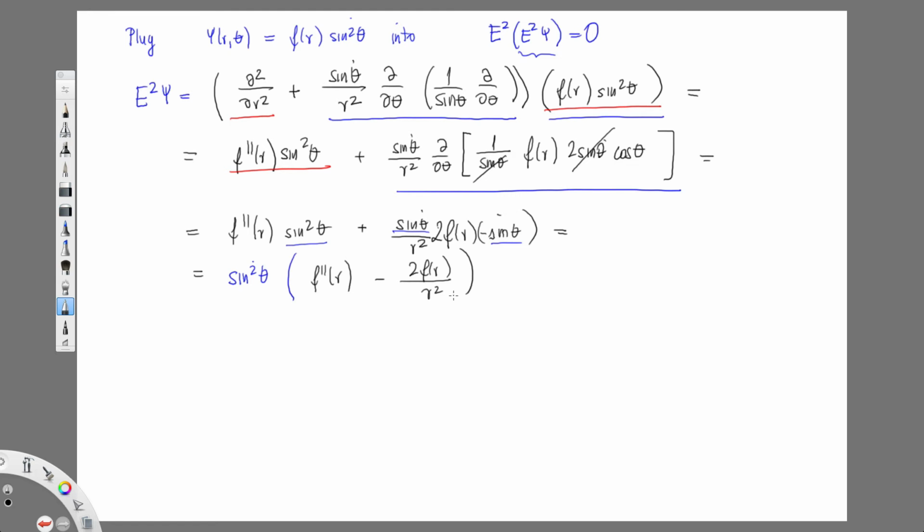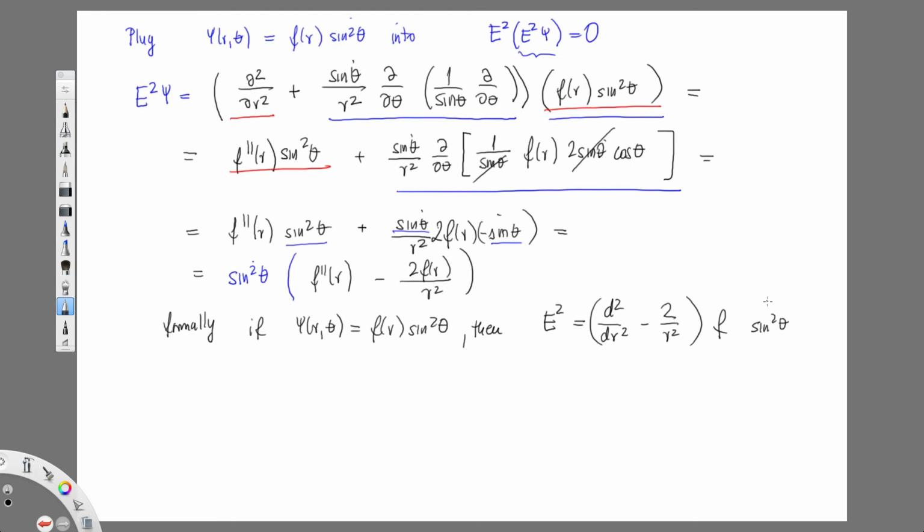So I can formally think of it this way: if psi of r theta is f of r sine square theta, then E square is simply a second order derivative minus 2 over r square applied to the function f, and then just sine square theta.